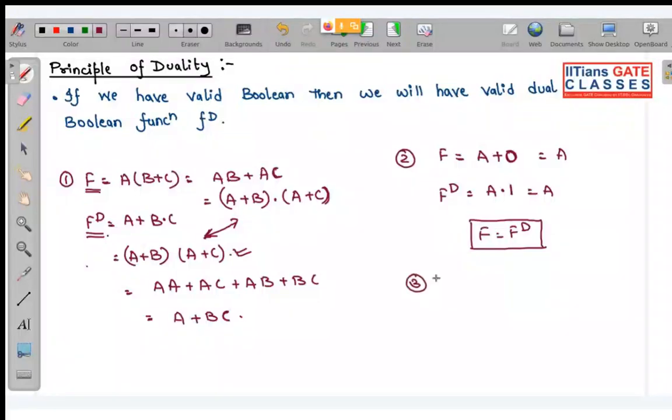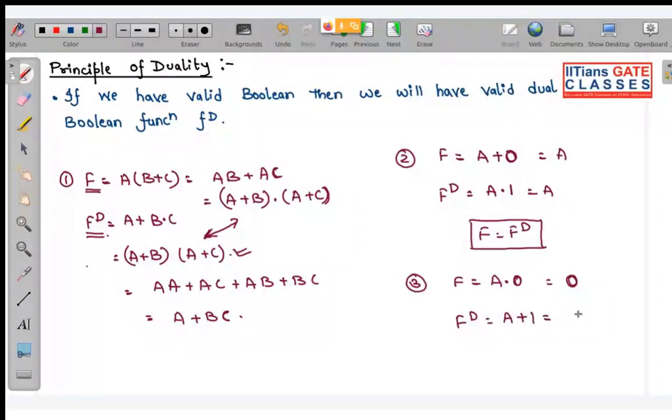Last example. Third. So let me take f is equal to a dot 0. Okay, a dot 0. So this means what? This is equal to 0. Now if you take f dual, so this will be what? A dot will be replaced with plus and 0 will be replaced with 1.